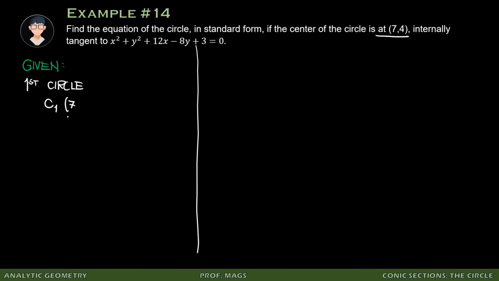That is the center of circle number 1, and it has coordinates (7, 4). Then for our second circle, we have a given general equation, which is x squared plus y squared plus 12x minus 8y plus 3 is equal to 0.